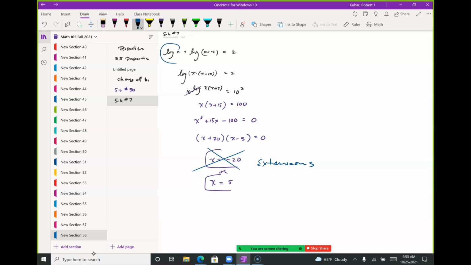I put the negative 20 in there and my calculator went nuts. I got to check it in both, everywhere, wherever there's an x. But as soon as it fails for one of the pieces, it fails. So once I saw I would do a log of negative 20, that can't happen.